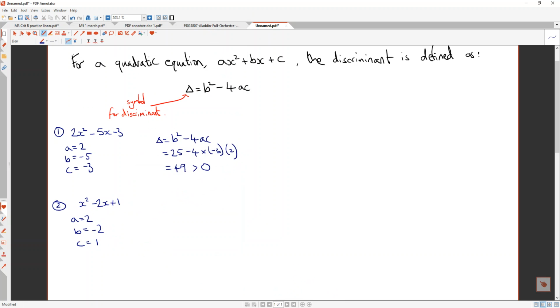Say again? No, because it's plus. A is negative 1. The one below here. Yeah. Oh, yeah, my bad. Thank you, Marco. A is 1. A is 1, B is negative 2, C is 1.